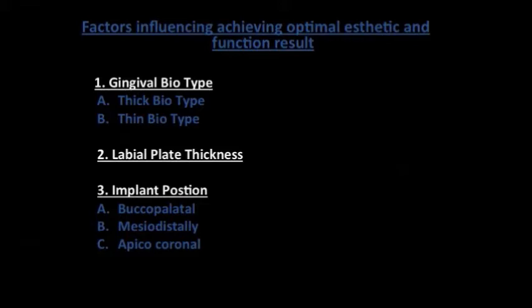The second factor is the labial plate of bone, and this determines how much thickness we have on the labial plate of bone, and how much buccal bone thickness we have on the buccal side of the ridge. The third factor is the implant position. Where do we place our implant? In the buccopalatal direction, in the mesiodistal direction, and the coronoapical direction. We're going to go through these factors in a little detail in order to reach our end conclusion and to see how we can implement this in our treatment in a clinical case.